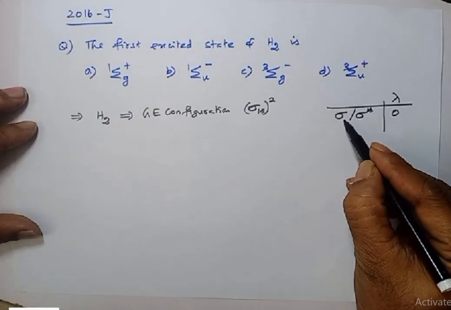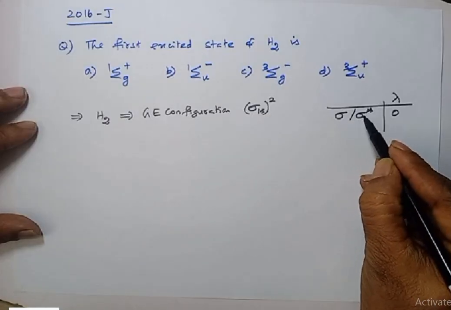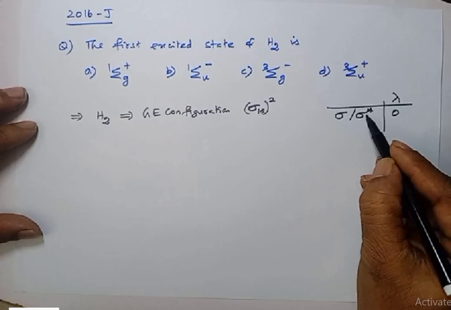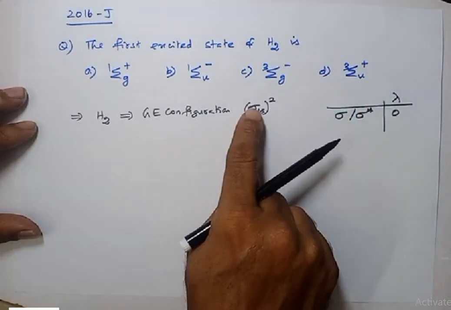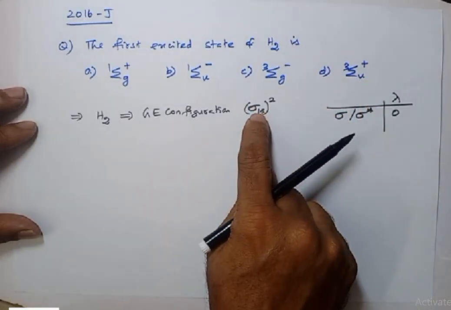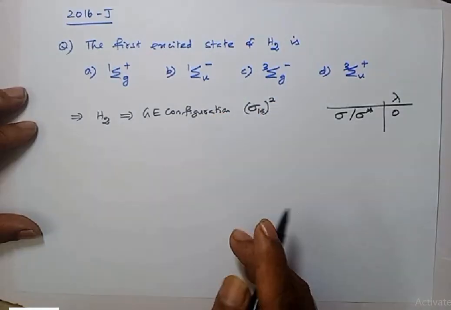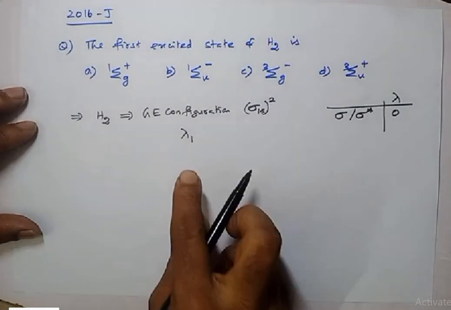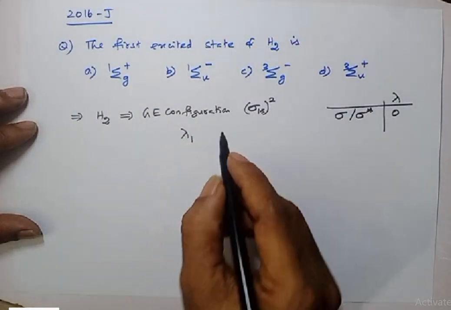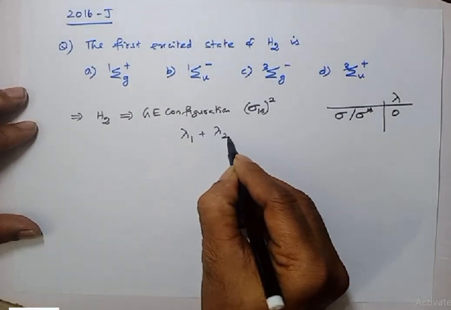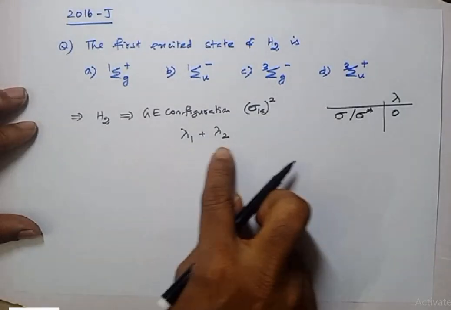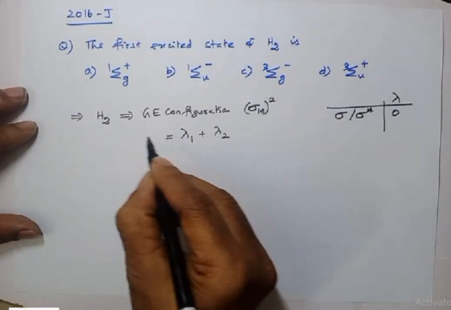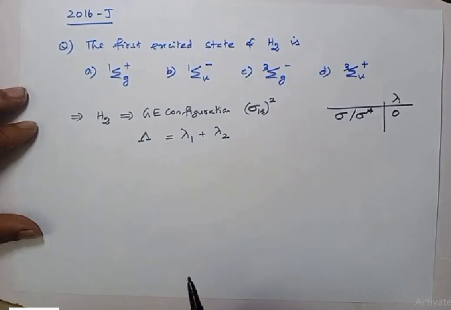So now we have two electrons. Both the electrons are present in sigma bonding. Therefore, for electron 1, let the angular momentum be lambda 1. Then for electron 2, let the angular momentum be lambda 2. Add the two angular momenta, you will get what is called big lambda.